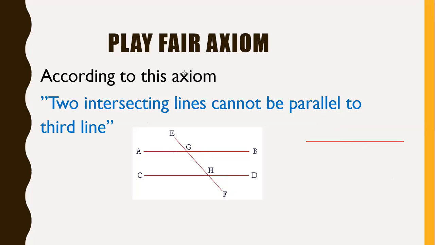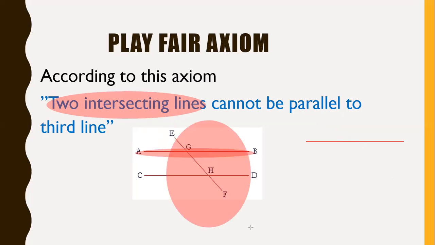This is called our Playfair axiom. Okay, what is Playfair axiom? According to this axiom, two intersecting lines, meaning line AB and line EF here, cannot be parallel to a third line.